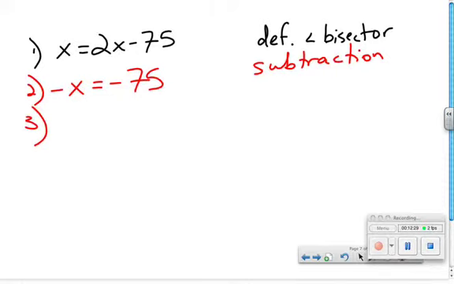What next? Don't you have to divide it by -1? Absolutely. So when we divide both sides by -1, we find that x is 75. And since we used the division property, we make sure to indicate that as our reason.